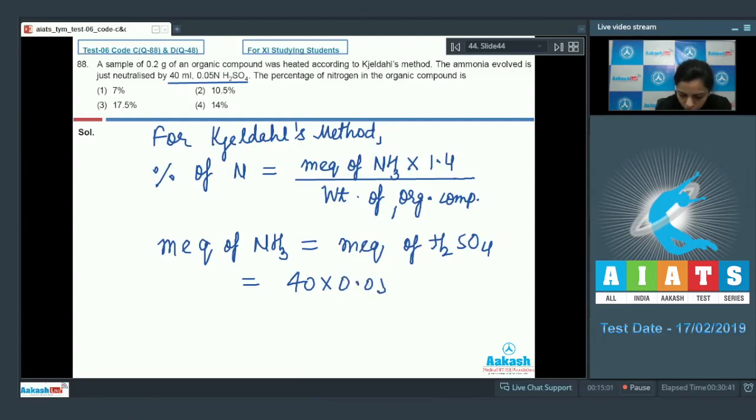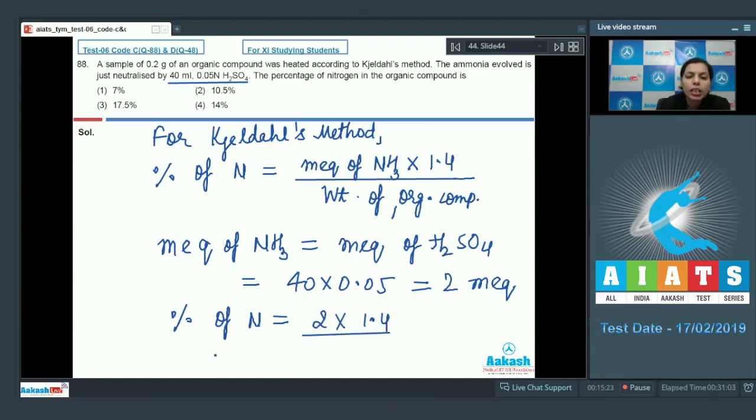So 40 into 0.05 normal, and it is equal to 2 milli equivalent. These are the 2 milli equivalents of H2SO4, and definitely in this case milli equivalent of ammonia would also be 2. And on that basis, percentage of nitrogen would be equal to 2 into 1.4 as per the formula, divided by the weight of organic compound taken. That is 0.2, and this is equal to 14%. And yes, the correct answer is given here in option 4, that I'll choose as the correct option.